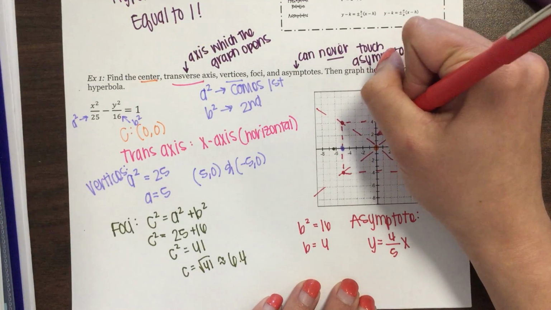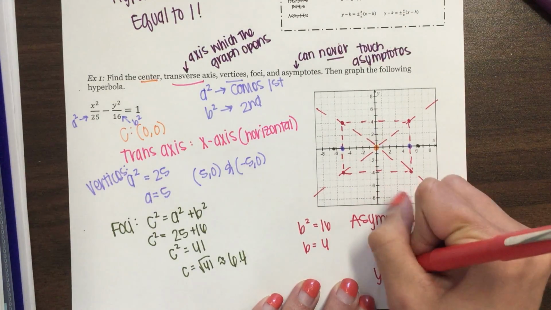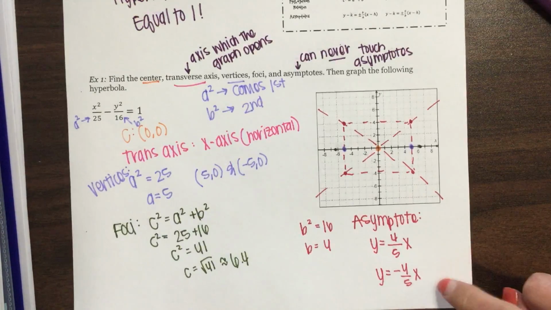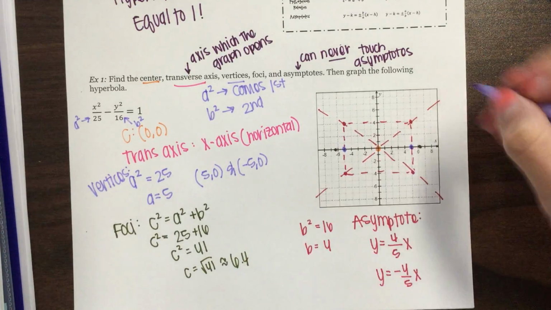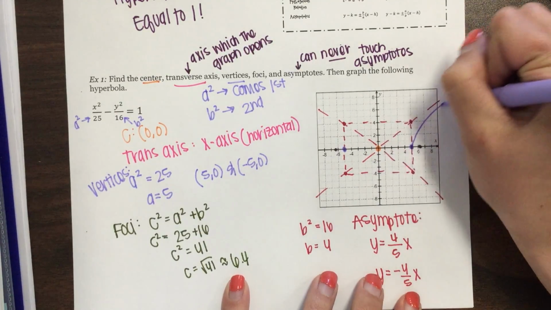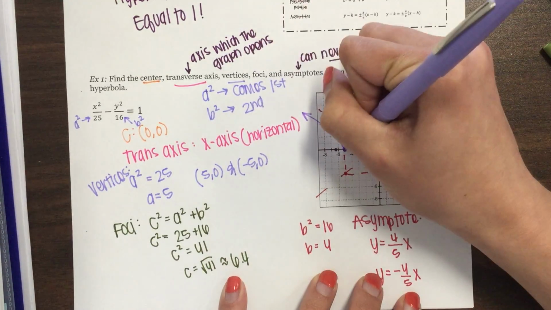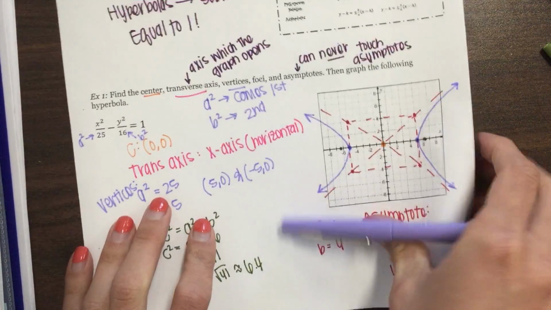So we go up 4 and left 5, which means we have negative 4 over 5 x also. So we have two asymptotes. Now we've graphed all this. Once you have something that looks like a target, then you can graph it. You just go out right along those asymptotes, but you never touch them. And you're done. That's all. One more example.